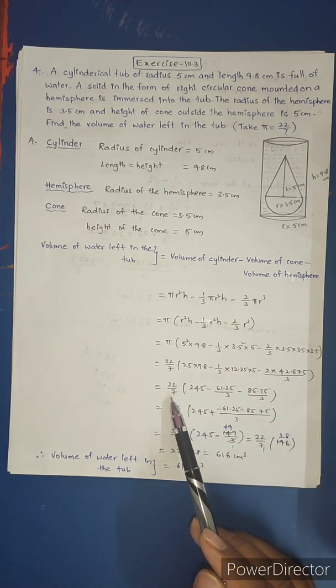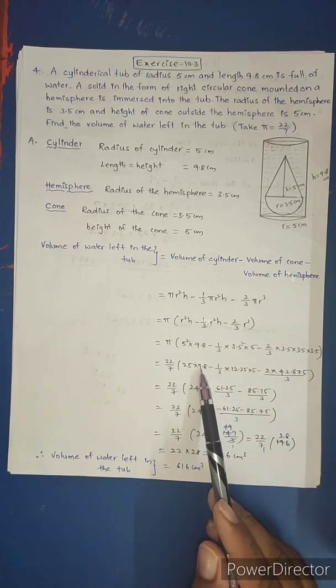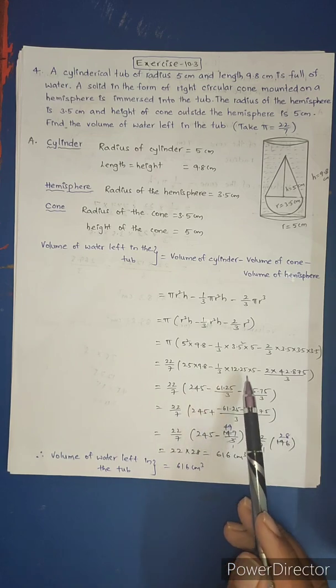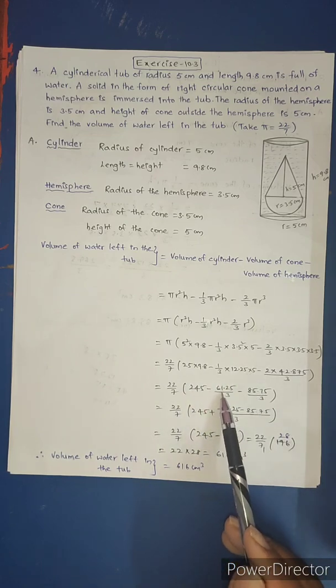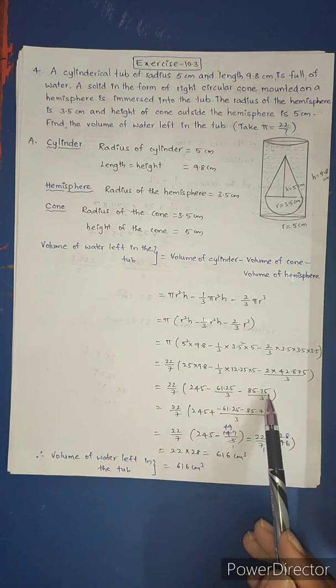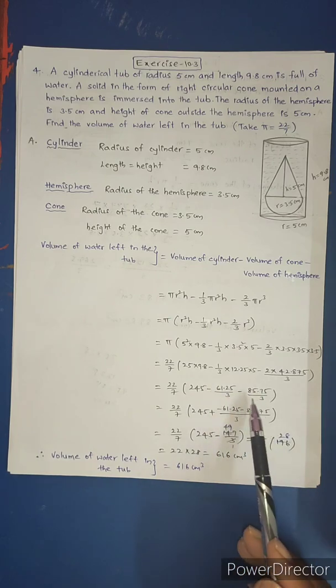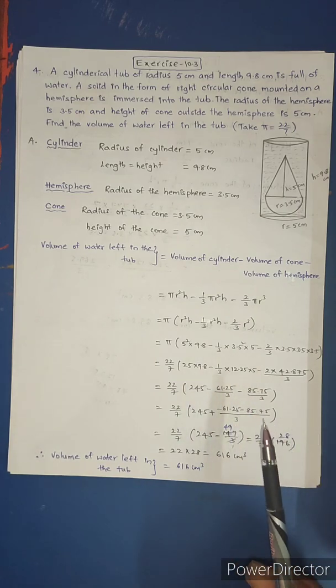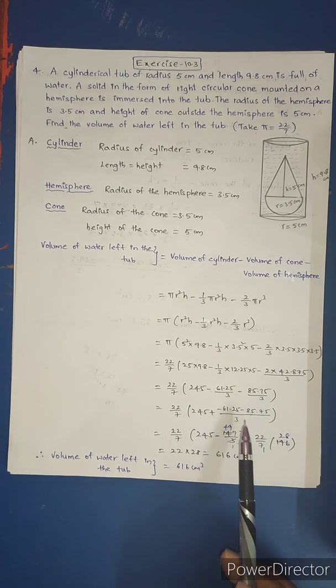Now 22/7, the product of these two numbers is 245, minus the product of these two numbers, 61.25, by the remaining 3, minus 85.75/3. These two are like fractions, so we can subtract the numerators directly. So I subtracted here the numerators.